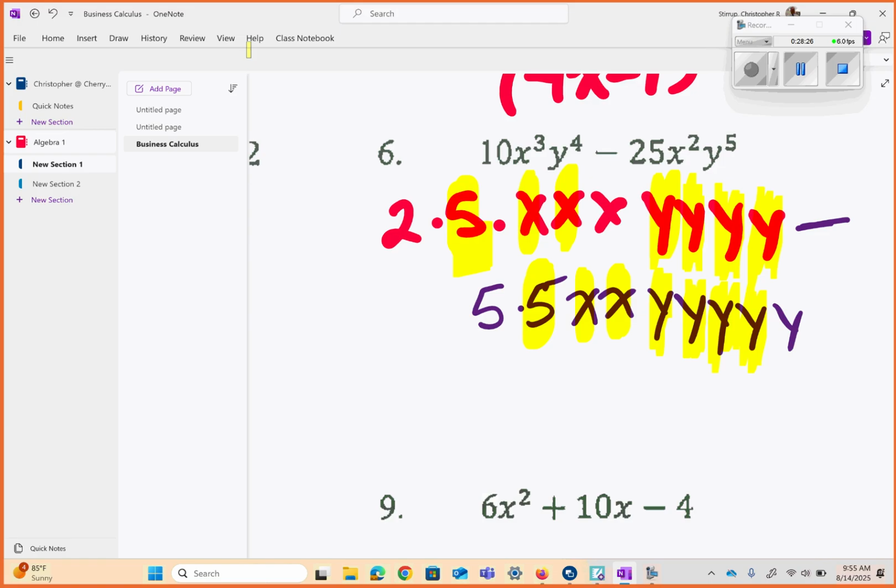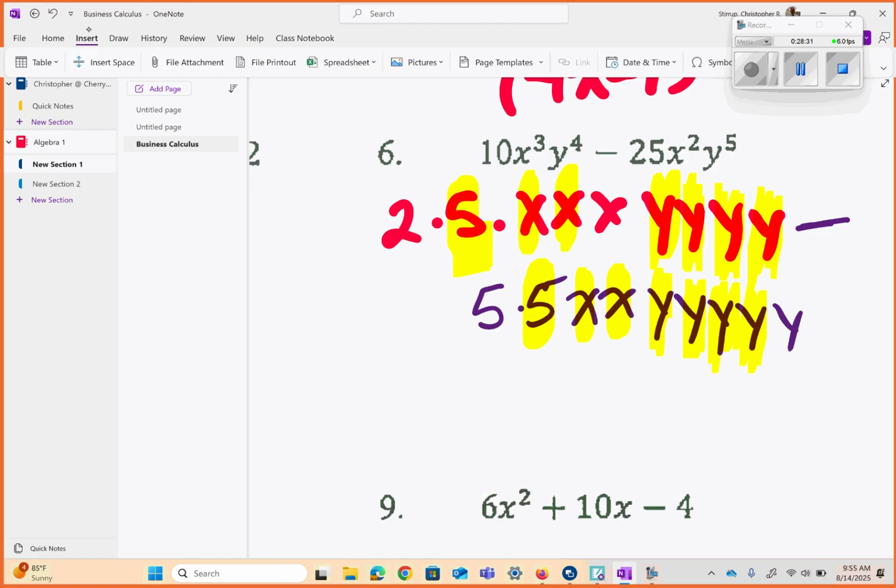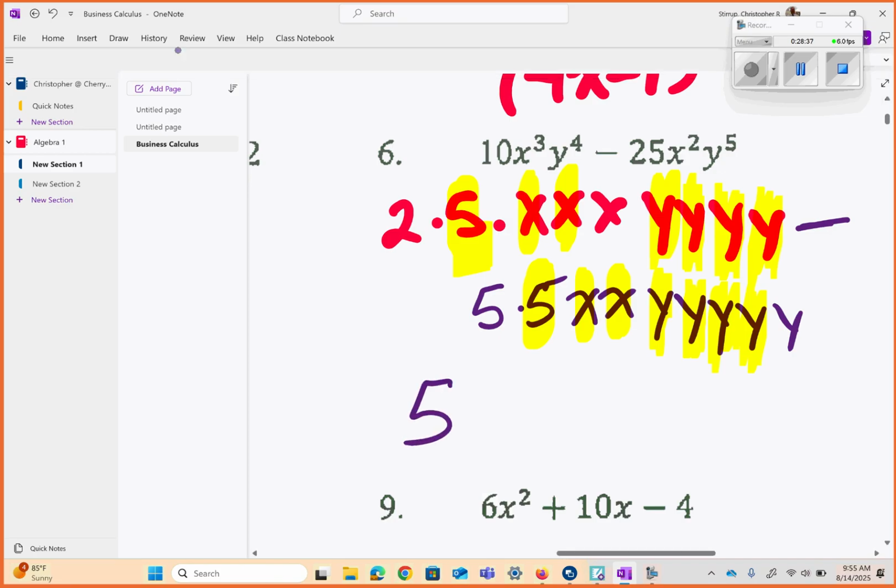And so what I highlighted between my two problems is what? What did I have the same on both? I had a 5, that's the same. How many x's did I have the same between the two? 3 or 2? 2. What's x times x? x squared. How many y's did I have the same between the two? 4.